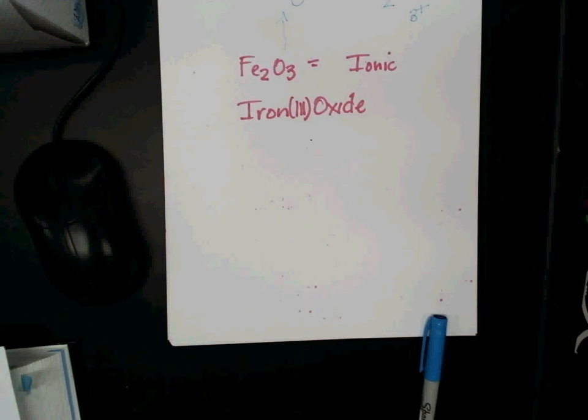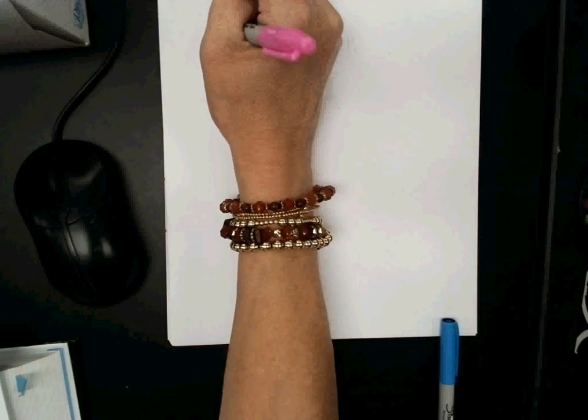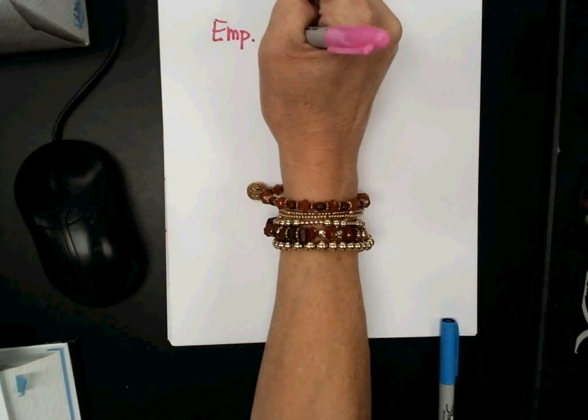All right, let's go on to the next one, which says, determine the empirical formula of a compound composed of 40% carbon, 6.7% hydrogen, and 53.3% oxygen. So we're given a problem that contains percents, and we want to know the empirical formula.